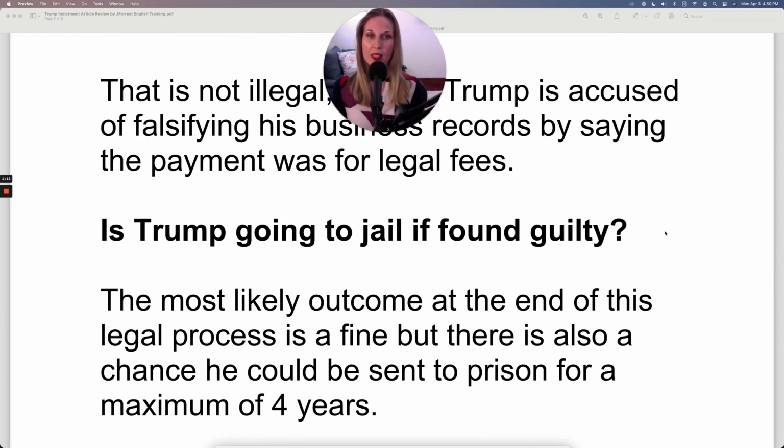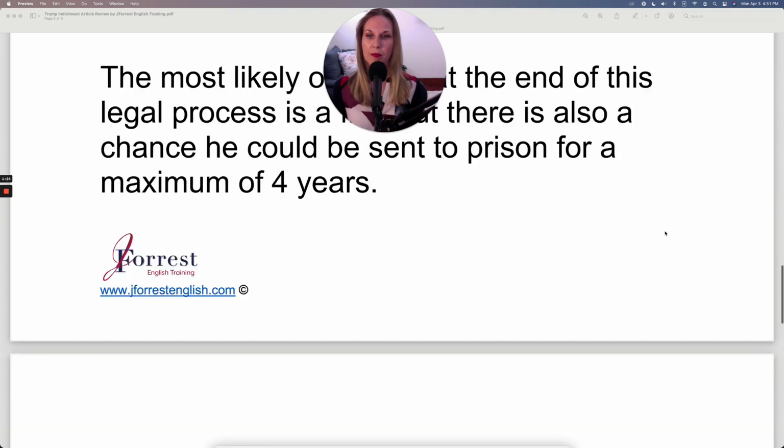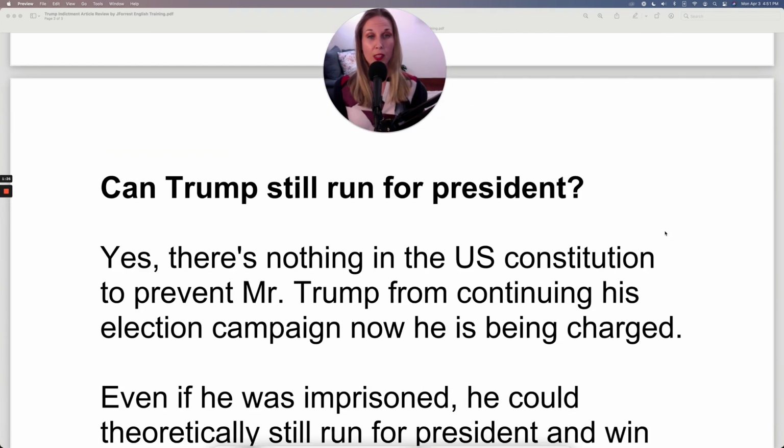Is Trump going to jail if found guilty? The most likely outcome at the end of this legal process is a fine, but there is also a chance he could be sent to prison for a maximum of 4 years. Can Trump still run for president? Yes, there's nothing in the U.S. Constitution to prevent Mr. Trump from continuing his election campaign now he is being charged.